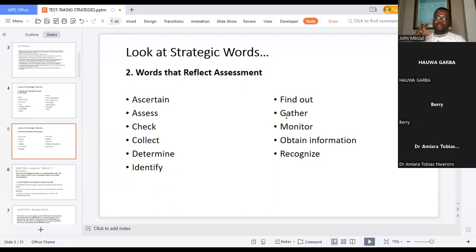Now, I brought in this question for you to understand that not in all cases do you have to implement because of the word action. In this case, the data is not enough for you to carry out an action. You need more data to determine what to do next.